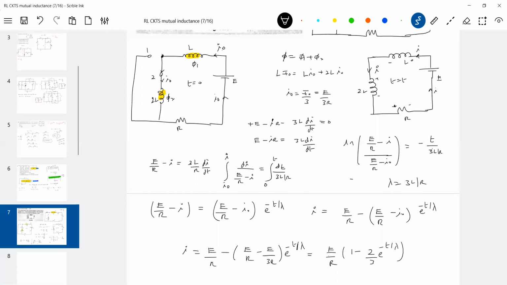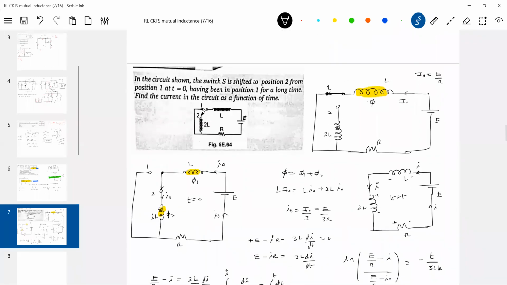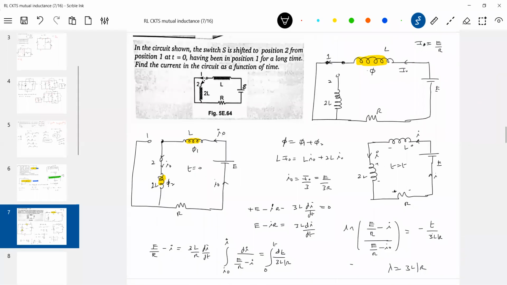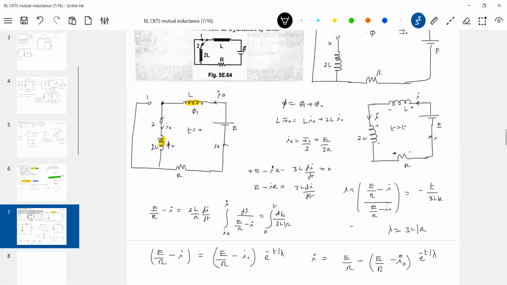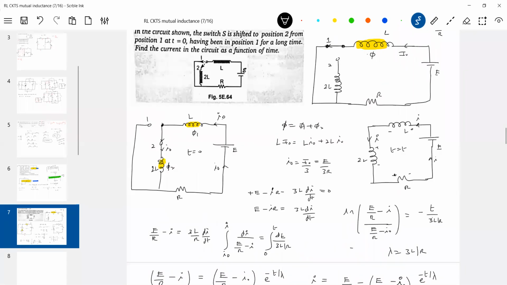Slowly, when we learn series and parallel, you get some basic picture. So the overall concept: flux linking the coils remains constant, meaning the flux is conserved. I'll write it nearby here. Flux is conserved.